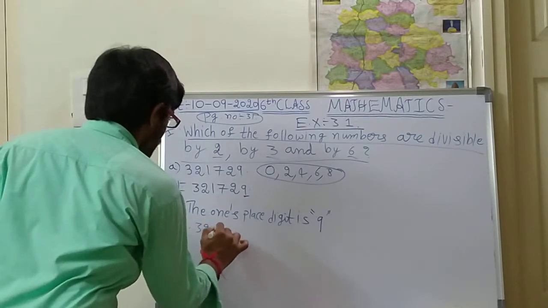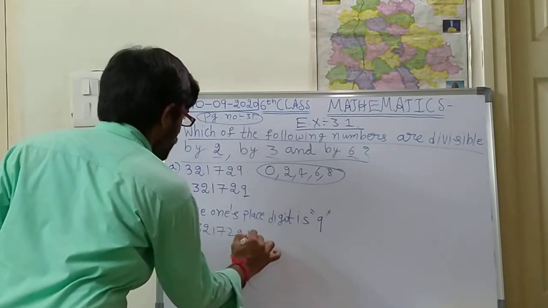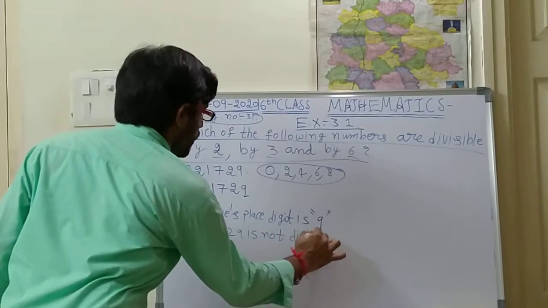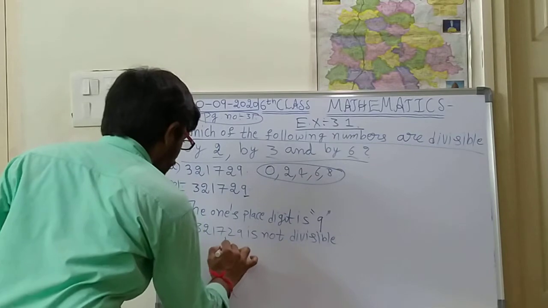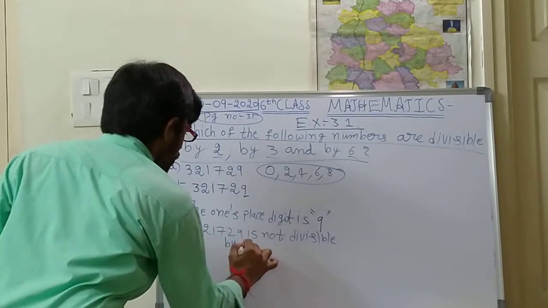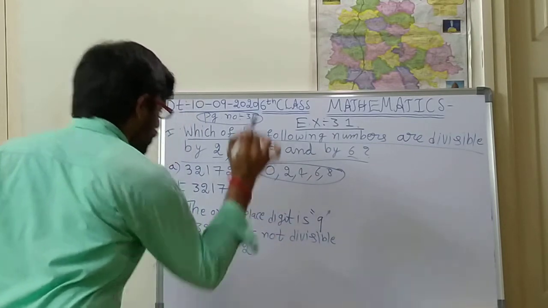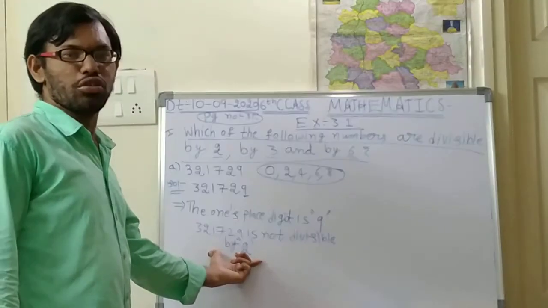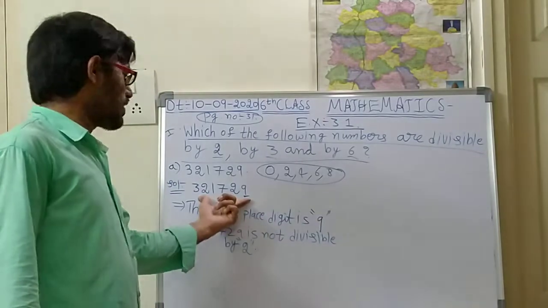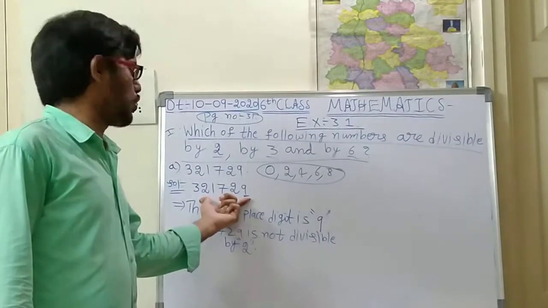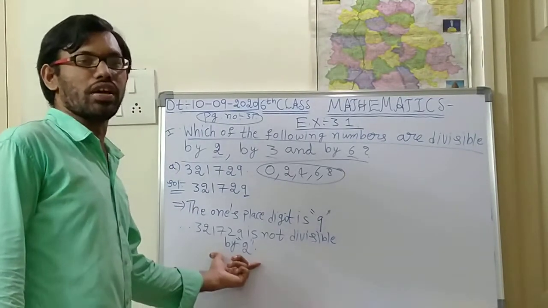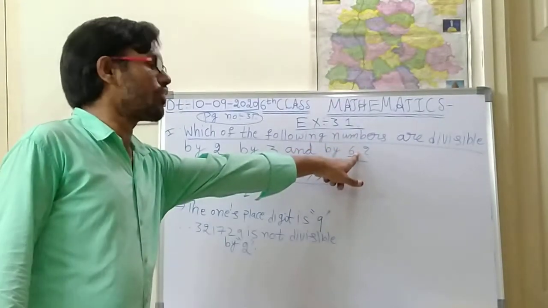3, 2, 1, 7, 2, 9 is not divisible by 2. I think you have understood. This number is obviously not divisible by 2. Is this number divisible by 6? No, because it does not satisfy the divisibility rule of 2, so it is not satisfied for 6 also.